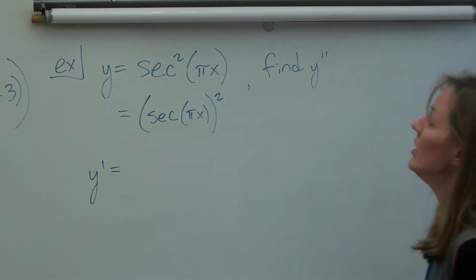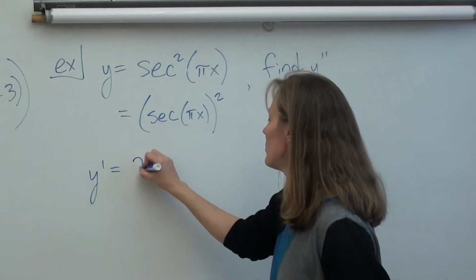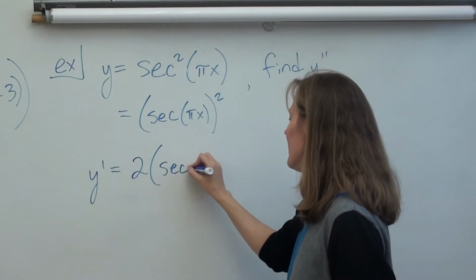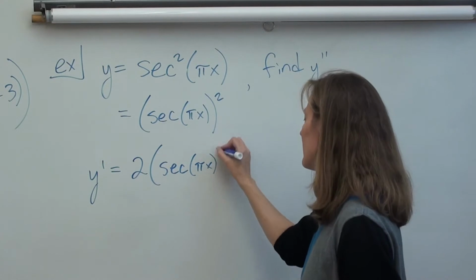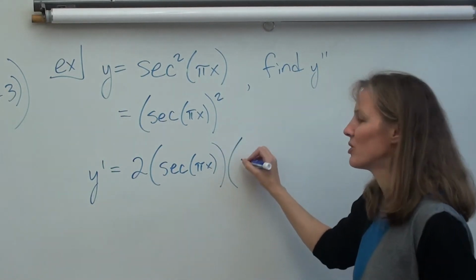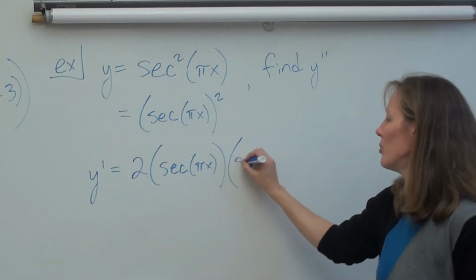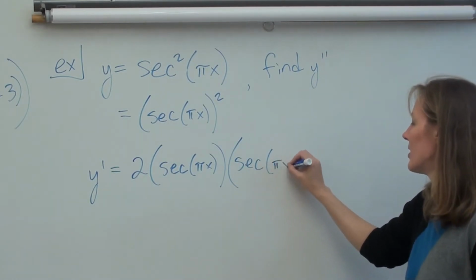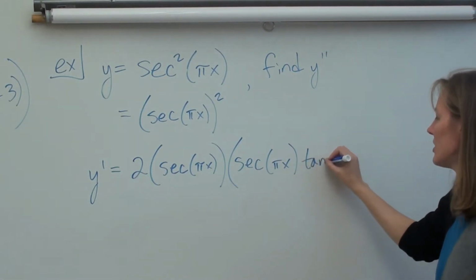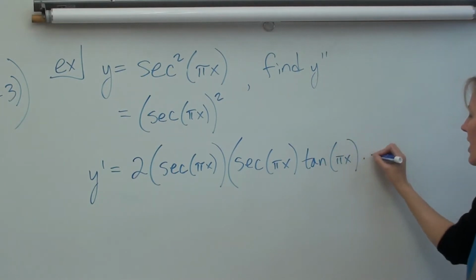Okay. So here we go. So 2 times secant pi x to the first times the derivative of secant, which is secant tangent, times pi.